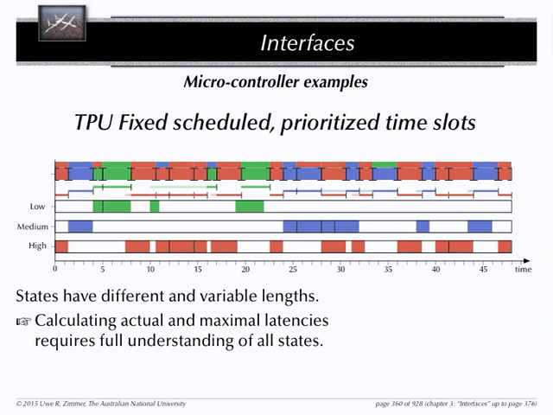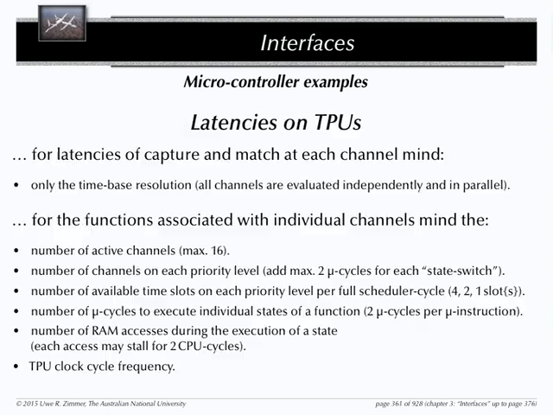Okay. What do I need to consider to calculate the overall latencies now? Clock frequencies. What is the time base of my timer there? I need to count the microcycles for each individual state.